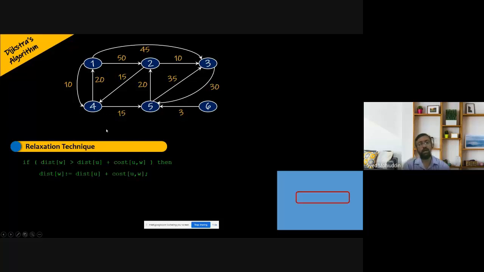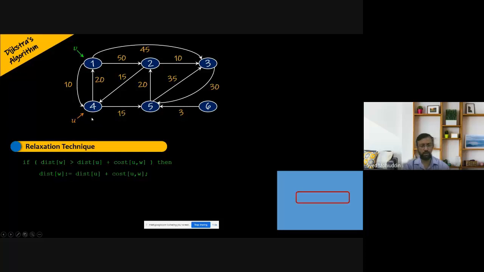Now let us look at how this works. Let us consider vertex 1 as V. The equation doesn't have a V, so don't get confused. This is the source vertex. U is the destination vertex. In this case we are considering vertex 4 as an example.